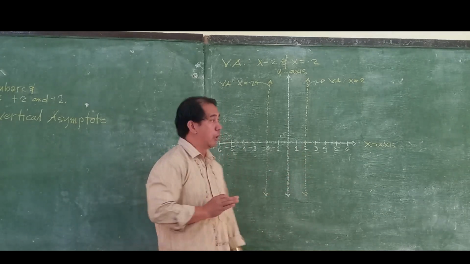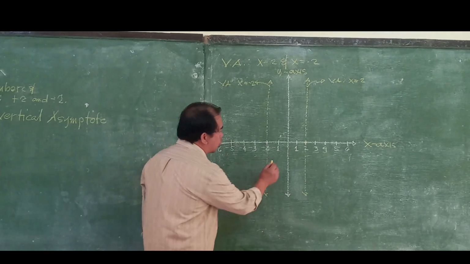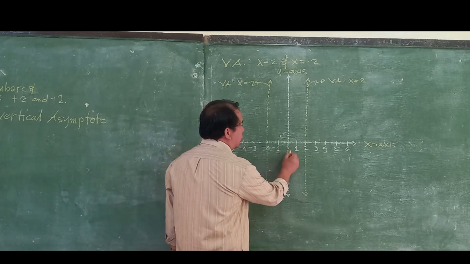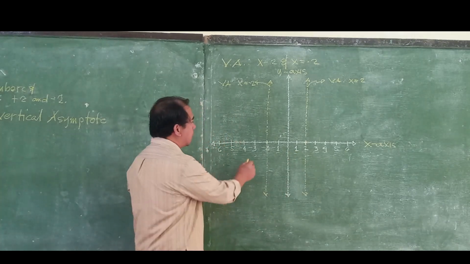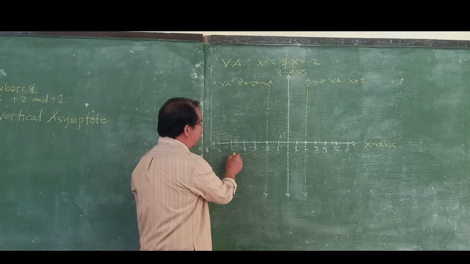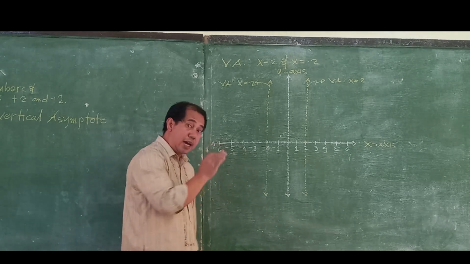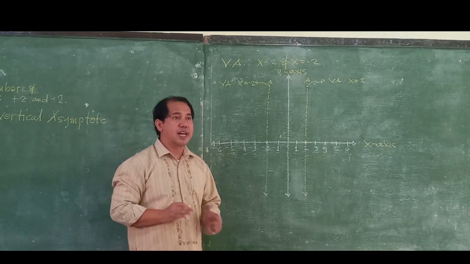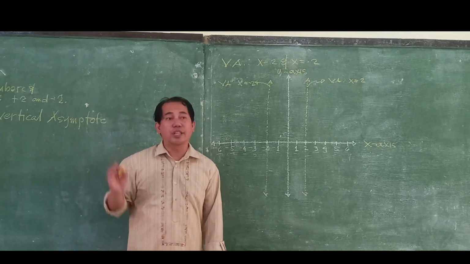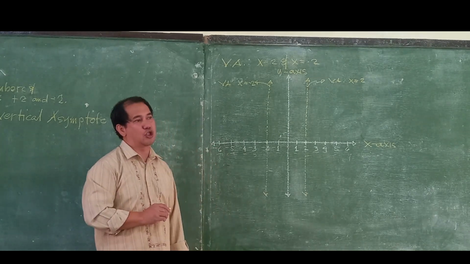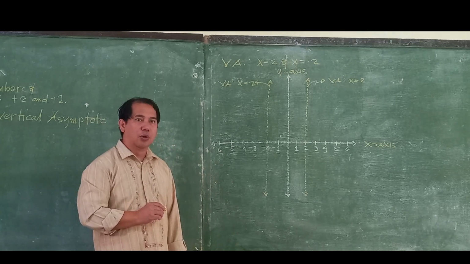Another one is you can also make use of negative 1, 0, and positive 1. And we have negative 3, negative 4, negative 5, negative 6, and so on and so forth. These are the numbers that you can make use of in order to evaluate the rational function. Do you follow? Yes.